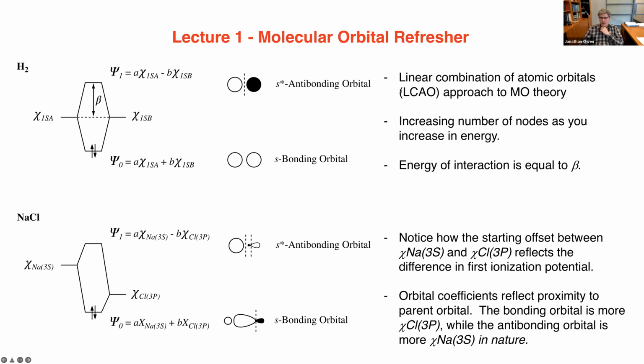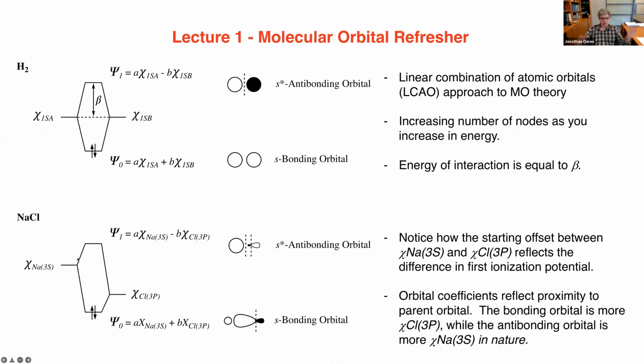And we're going to talk about the energy of interaction being equal to this value beta that's labeled here as we go forward. Another very important point that we're going to look at is what happens when you have two different orbitals of different starting energy.